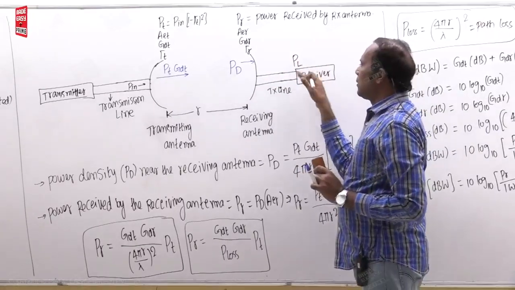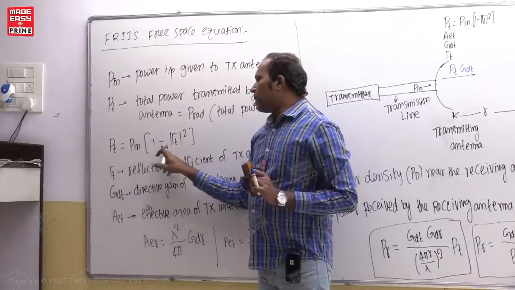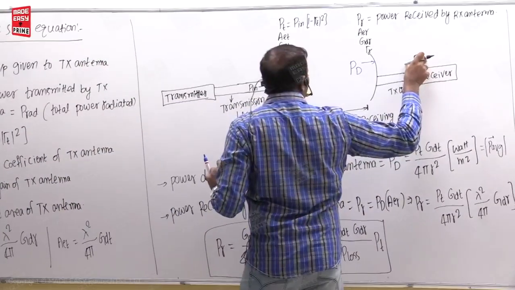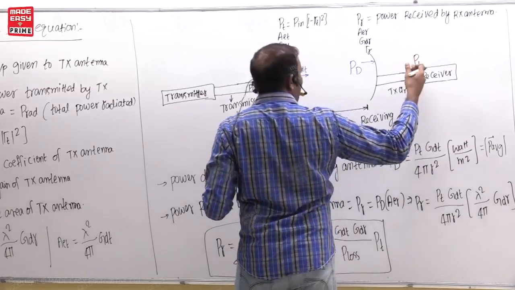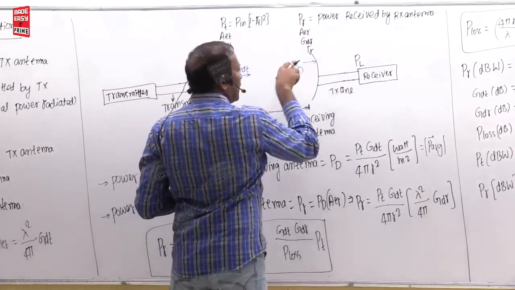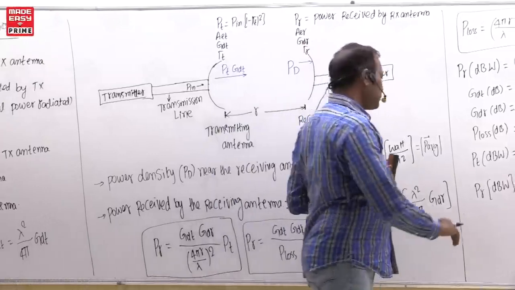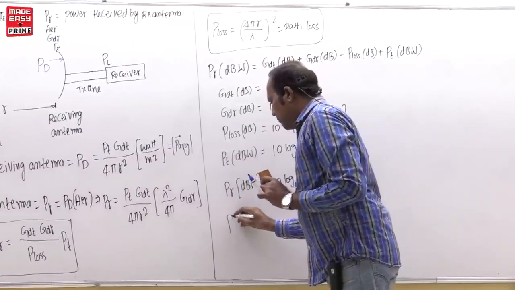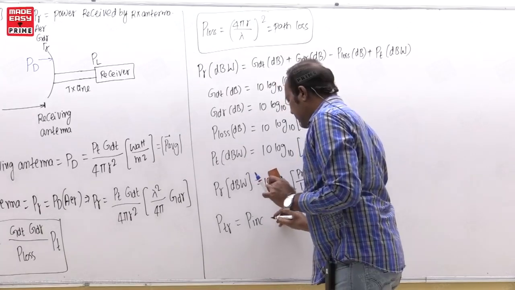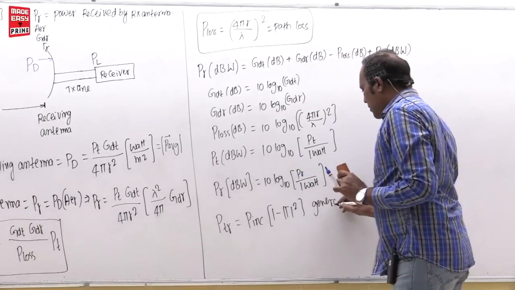Power transmitted is equal to power incident into 1 minus reflection coefficient whole square. Here the power transmitted into the receiver is called PL, which is equal to the power incident, that is the received power, because whatever power is received is going to be incident on this receiver, into 1 minus gamma R square. So power transmitted is equal to power incident into 1 minus gamma square. This is the general formula.